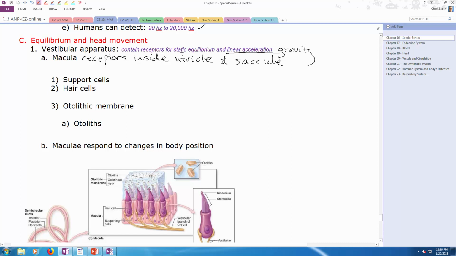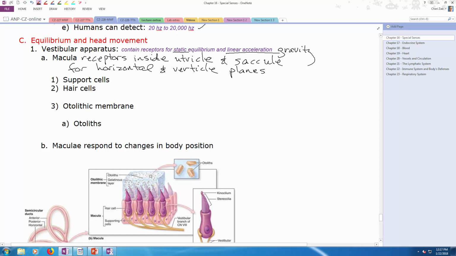And so these receptors are going to be for horizontal and vertical planes. And you're on a horizontal plane when you accelerate, and when you go up and down in an elevator, you're moving along a vertical plane. So that's what we're talking about with linear acceleration.